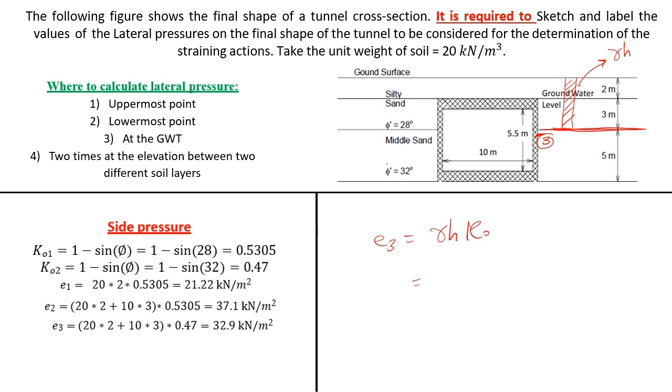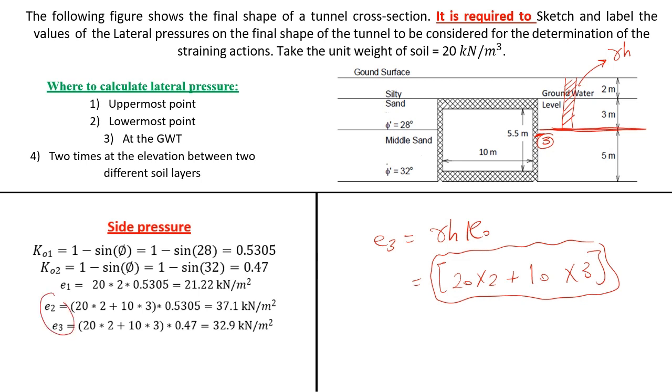Gamma H, again, just like point number 2, will be 20 by 2 plus 10, which is the gamma submerged, by 3. And this is the same term we have already used with point number 2. So here in point number 2 and point number 3, you will observe that you have the same effective vertical stress, 20 by 2 plus 10 by 3. However, point number 3 lies within the bottom soil layer.